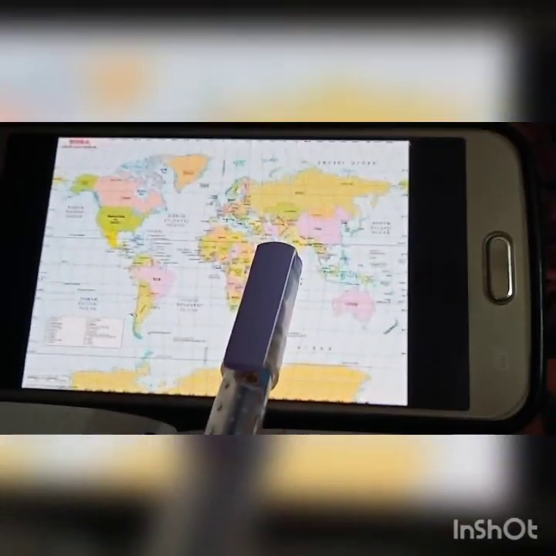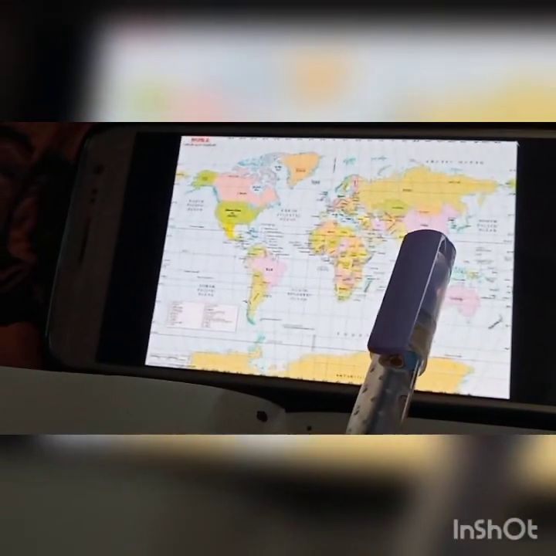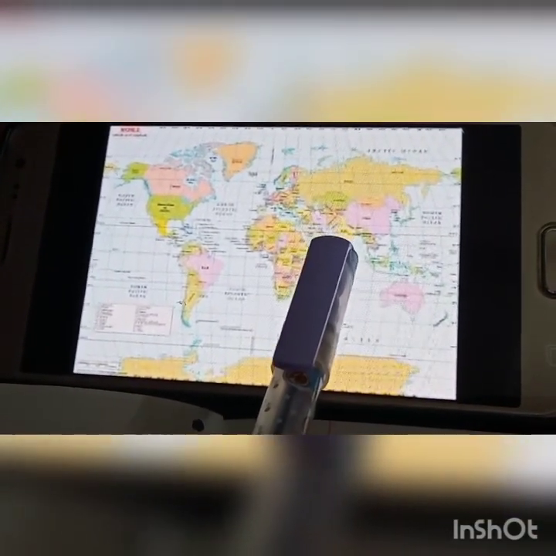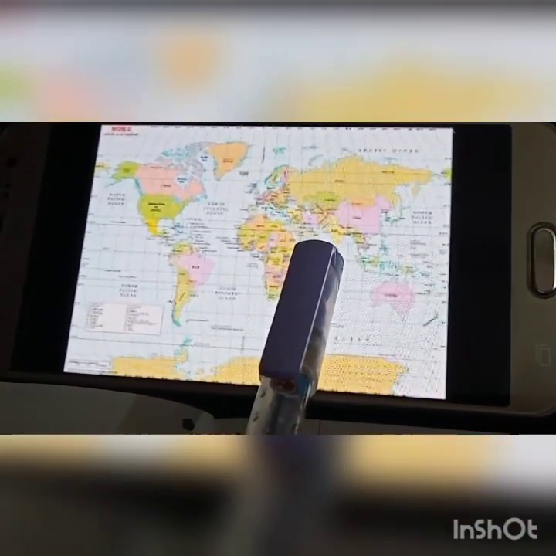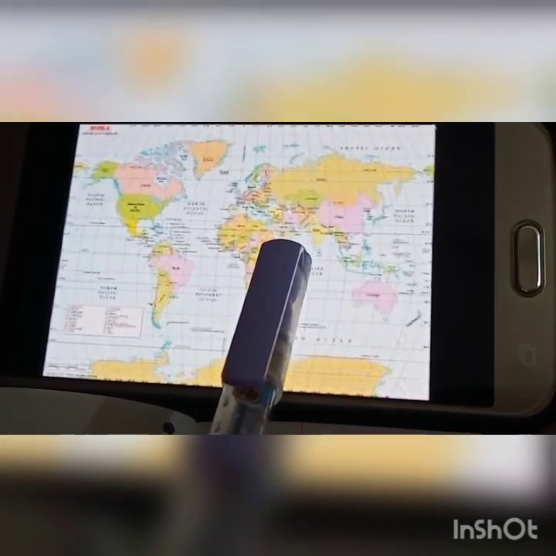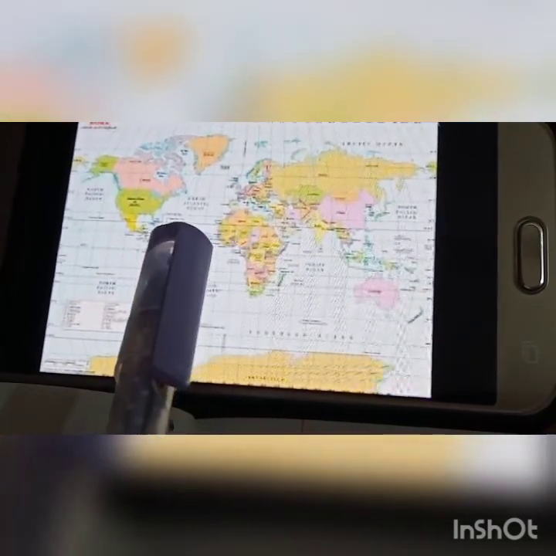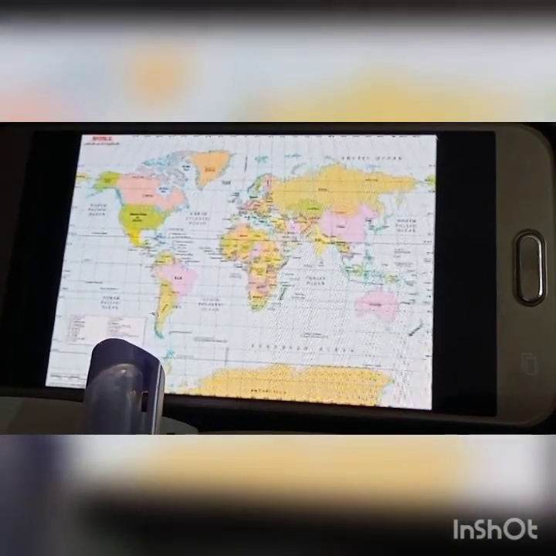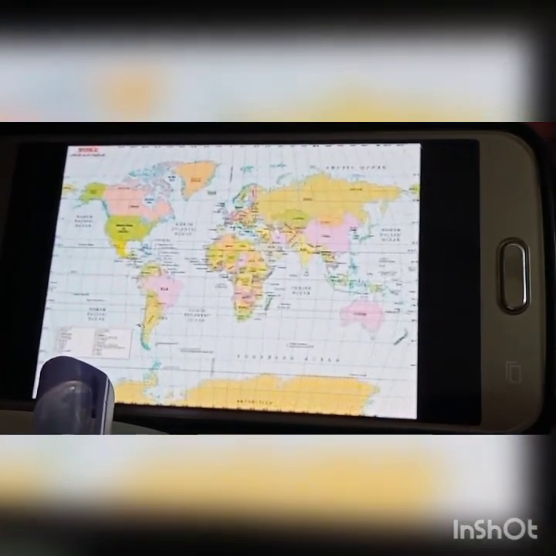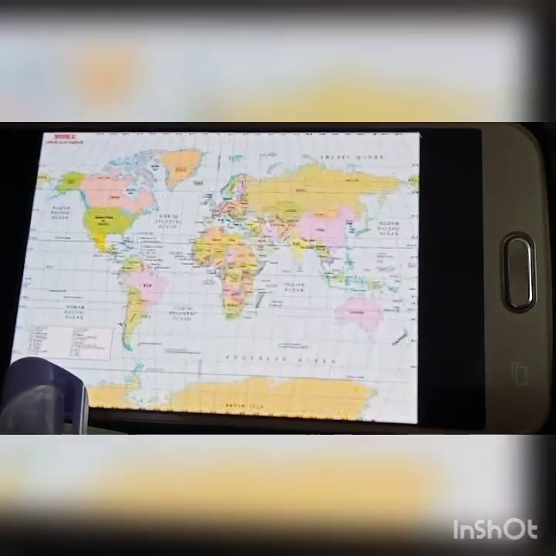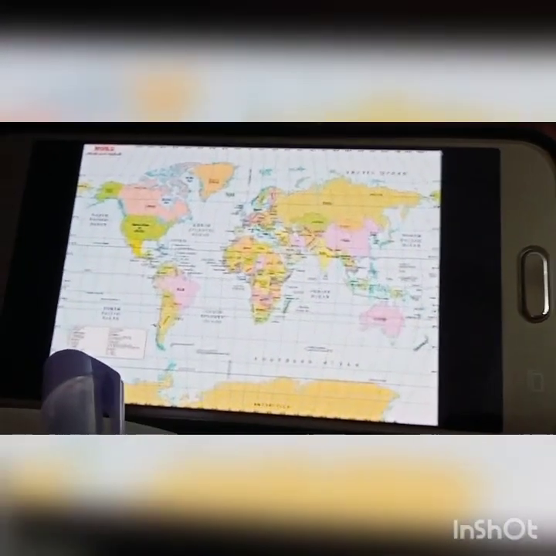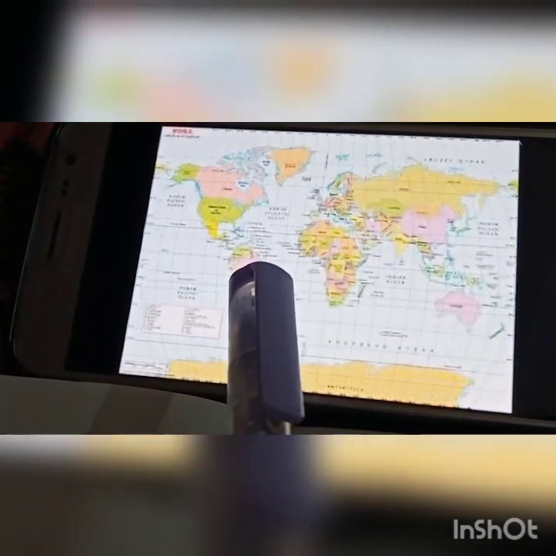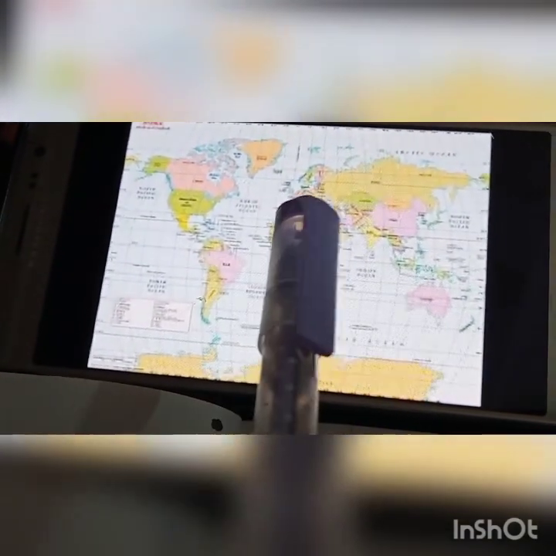Why does this happen? The sun's rays, or insolation, fall on the equator at an angle of 90 degrees. To make you understand, they fall straight on the equatorial region. Because of that, it receives heavy temperature.